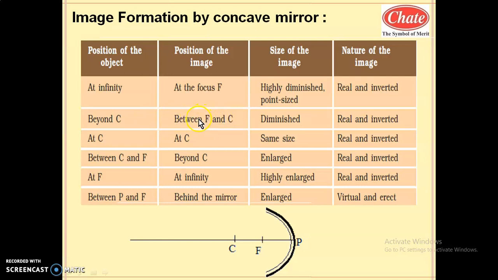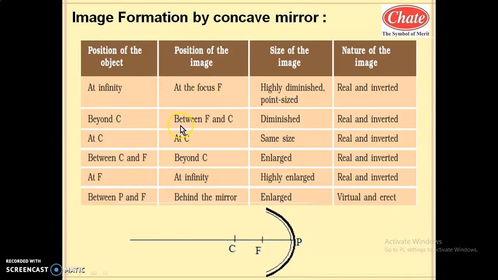So the reverse of this: the image position becomes the object position, and the object position becomes the image position. You remember, student, at C it is the reverse, interchanged like this. So when the object is at infinity, the image is at focus.